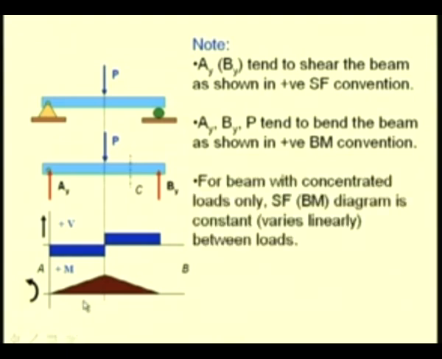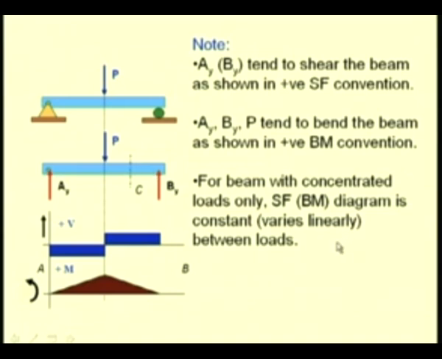And for the beams which have only concentrated loads, as we have seen in this example, the shear force is constant between the loading points. We have the reaction at A and a concentrated load at the midsection, and we see that the shear force remains constant between these two points of loading, and the moment varies linearly, either it increases linearly or decreases linearly between the points of loading.